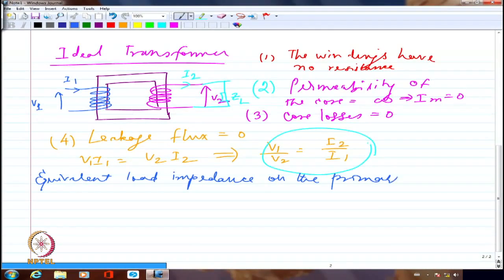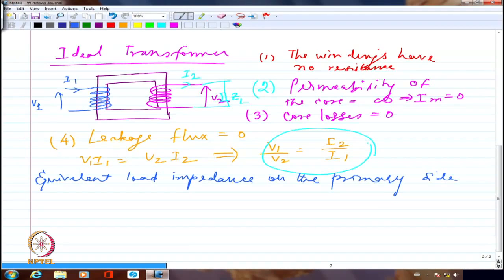So I want to transfer the impedance. So I have to see how I do it. So I want to see what is the load on the primary side.